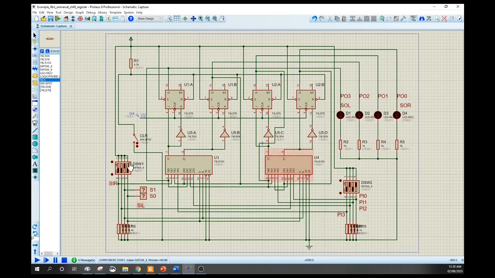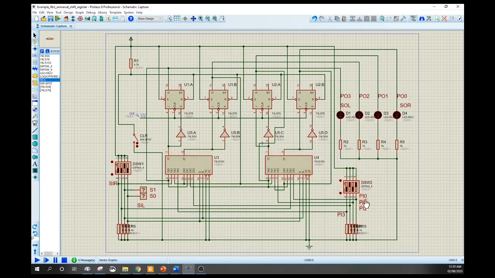and we have here two dip switches. The first dip switch at the left side represents the shift input for shift right. The second one after that is the SIL or the shift input left. The last two here are the mode control inputs S1 and S0 connected to the selectors of the multiplexers.